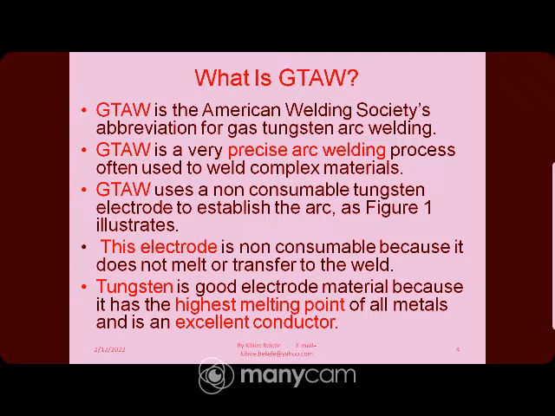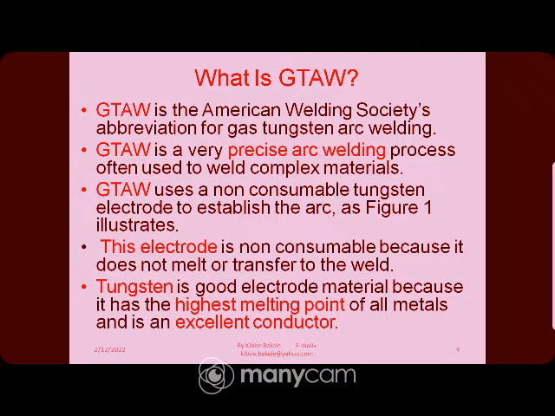So this electrode is non-consumable because it does not melt or transfer to the weld. As we know, in gas metal arc welding or shielded metal arc welding, the electrodes are melted and transferred to the joint area.